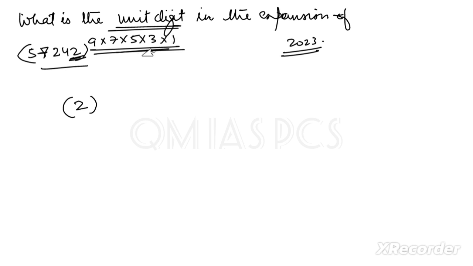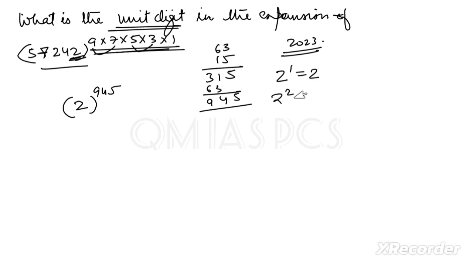When you multiply this, 63 and 15, it is like 15, 5 carry 1, 31, 6, 3, 5, 4 and this is 9. I think I have done it right. 945. Fine. Now we have to find the cycle of this one. Like 2 power 1 is 2, 2 power 2 is 4, 2 power 3 is equal to what?